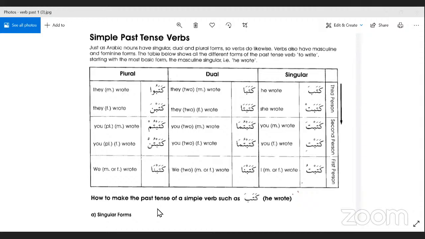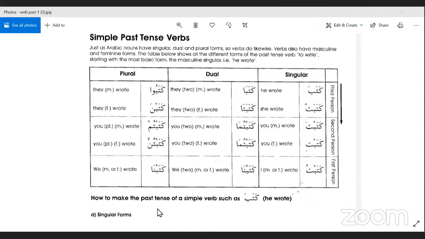I want to ask Sister Samira, I hope you're finding this helpful. If you have any questions, just message me on the chat box and inshallah I'll take it from there. Bismillah. What is the meaning of Fataha? He opened.